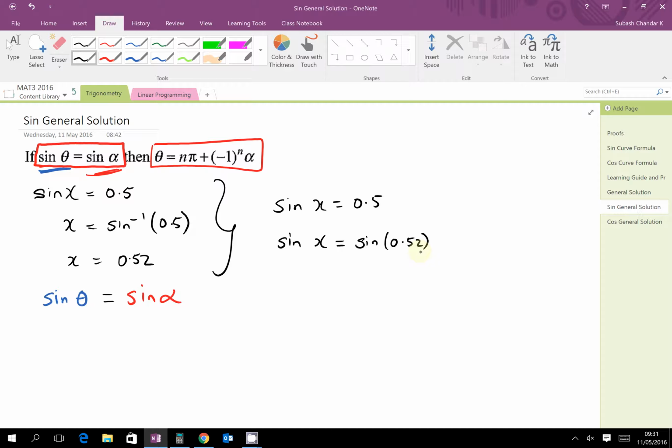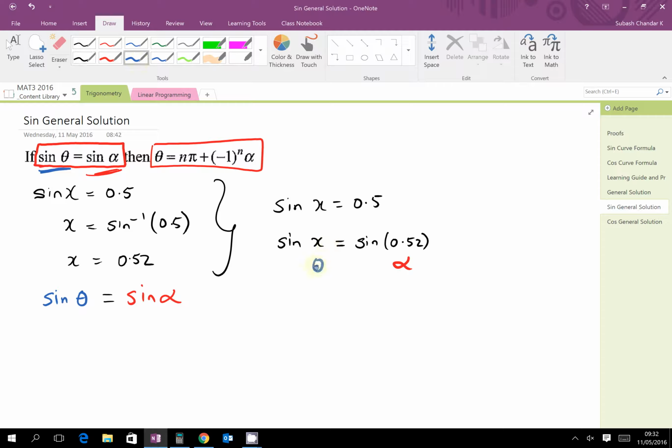Would you guys agree with that? Yeah? So then, instead of putting that x here, I want to find a general equation, so I'll just put it as sine of theta. So if you guys notice, this is my alpha. Let's just write it as x.